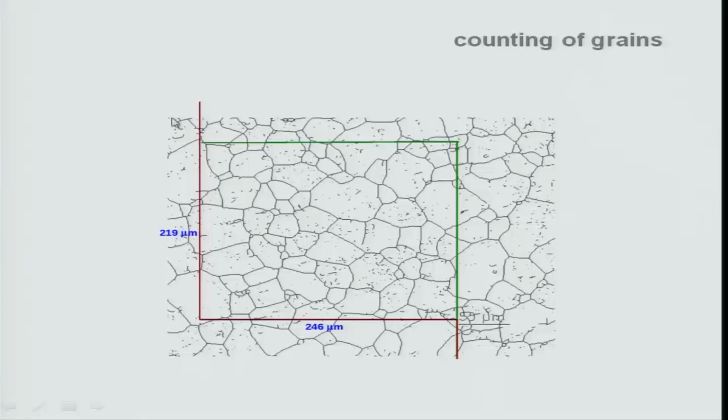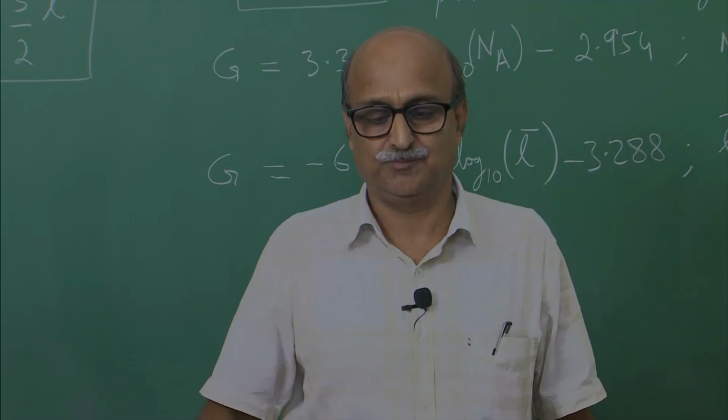Now, you will notice in this mask that two sides of the mask have a red line, and I have the green line on the other two sides. The red line is considered as the forbidden zone. So, if a grain intersects a red line, we do not count it at all.